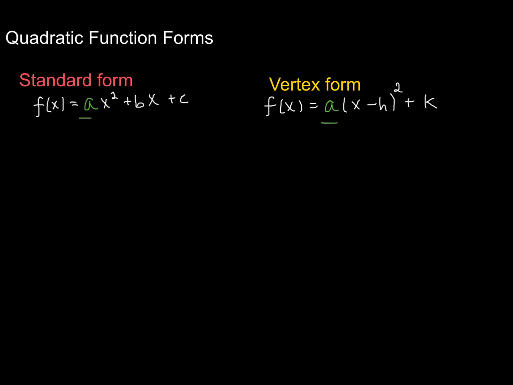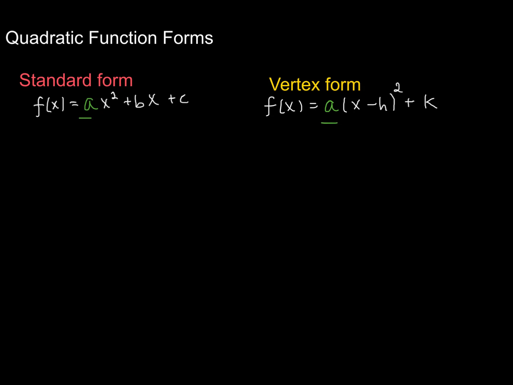You can imagine that for vertex form, you could square this out and then multiply the a into whatever you get from foiling, and then add the k value to the constant term you get from foiling, and you'll end up with standard form all over again. In doing so, you'll end up with x squared times a. So the a coefficient for both vertex form and standard form is going to be exactly the same.